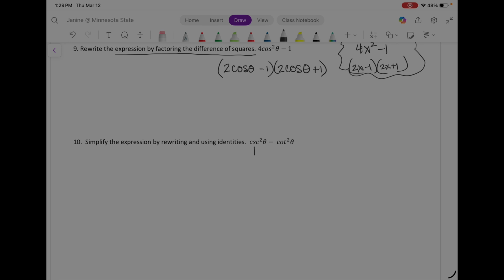I do know that I have a Pythagorean identity, and cosecant squared is equal to 1 plus cotangent of theta squared, and behind we have a minus cotangent of theta squared. Well, that's quite nice because that means then that we are left with just 1. Okay?